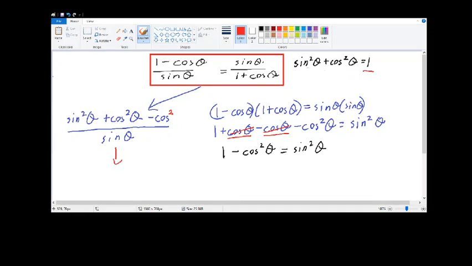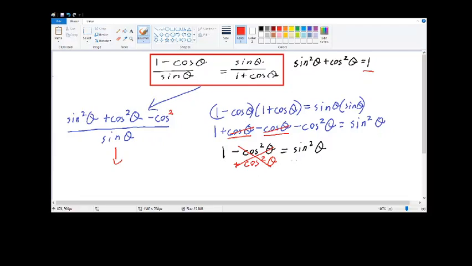If your mind doesn't immediately remember those Pythagorean identities, what you can at least consider is to try and separate numbers and functions. So at the very least, you should try and get into the habit of ones should stay with the ones, and functions should stay with functions. In both cases, we would end up adding cosine squared because we need to do the inverse in order for this to cancel out here.